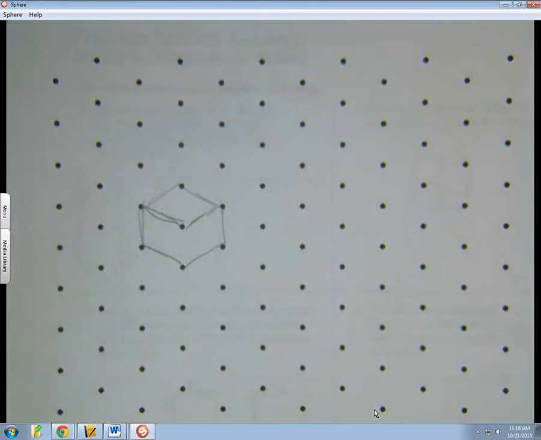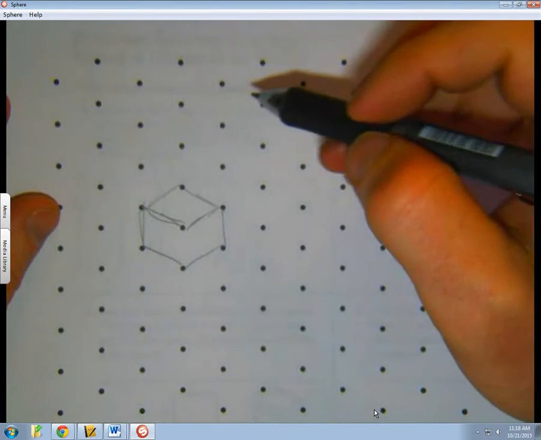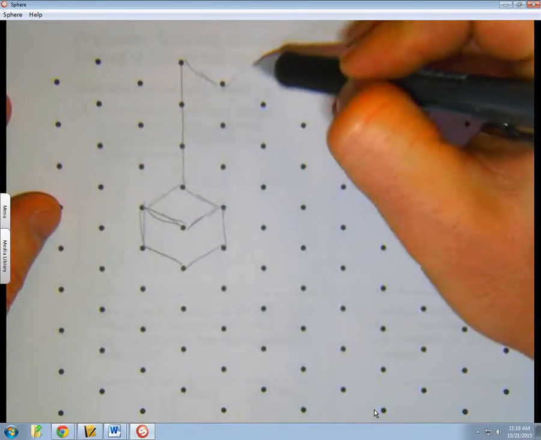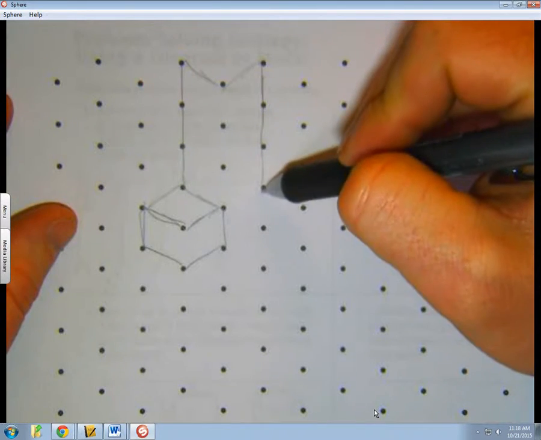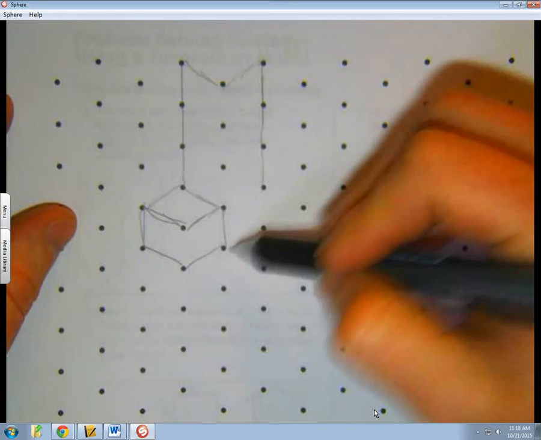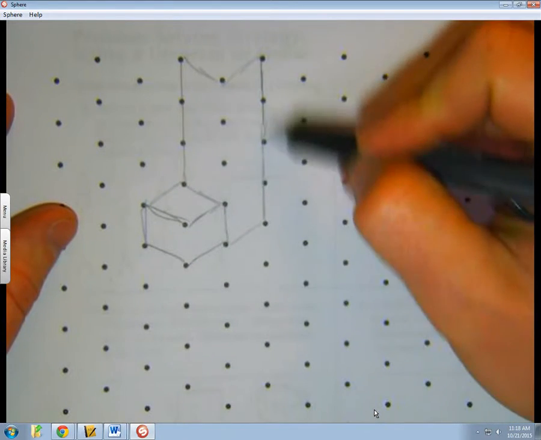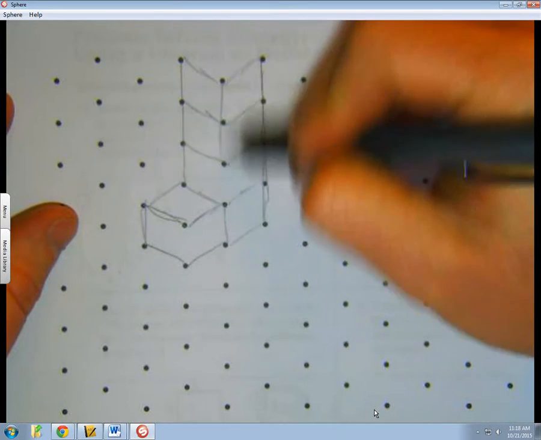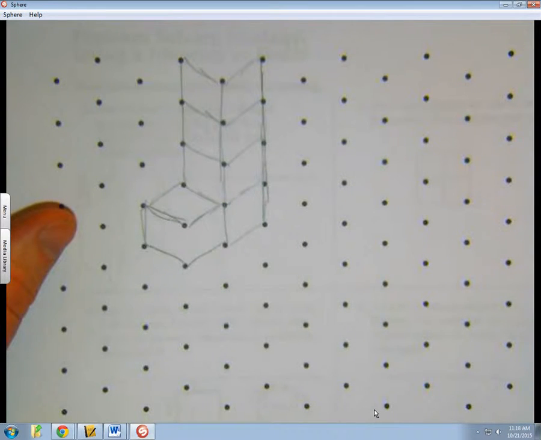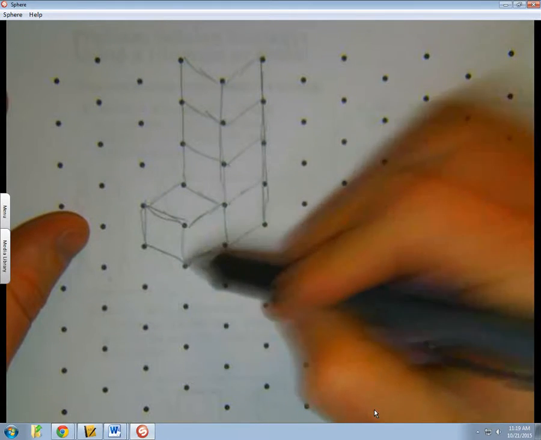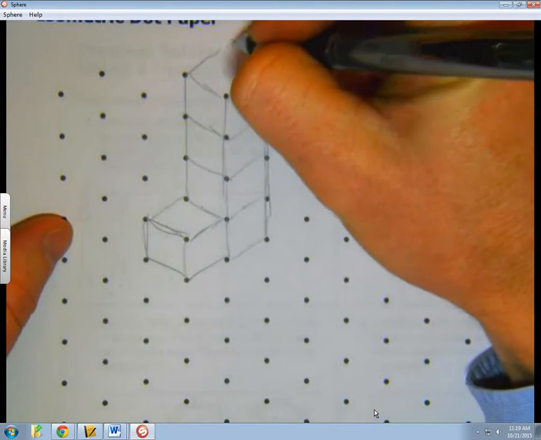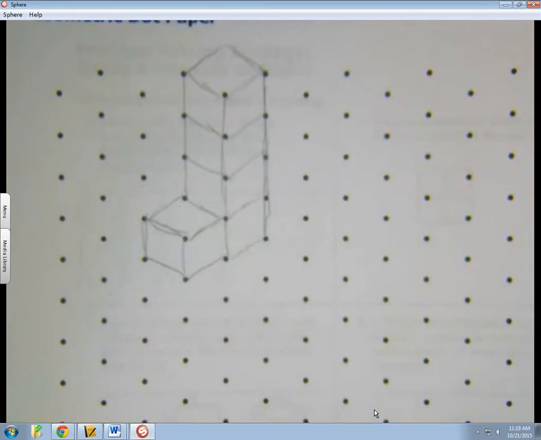So then we can build other structures around it. Okay, we can put that in the front so you can see it. There would be another one here. We kind of fill that in. Alright, we can build this guy like 1 unit lower.